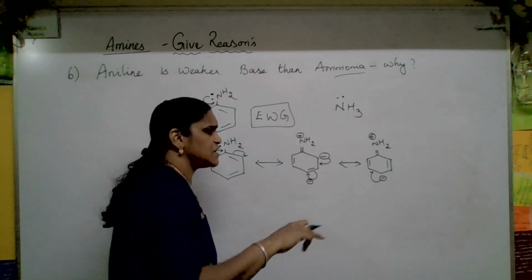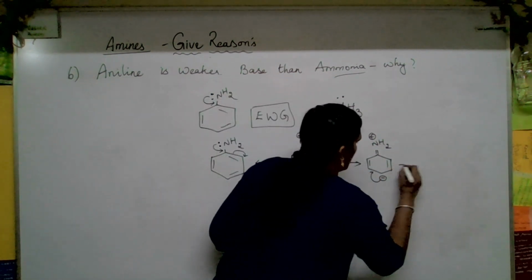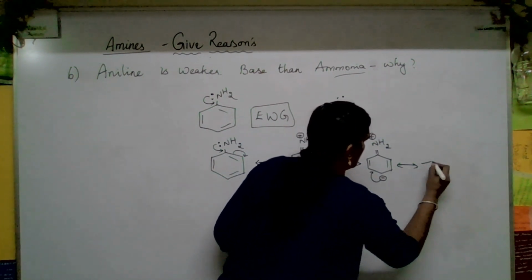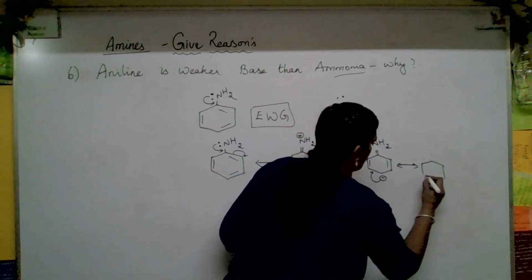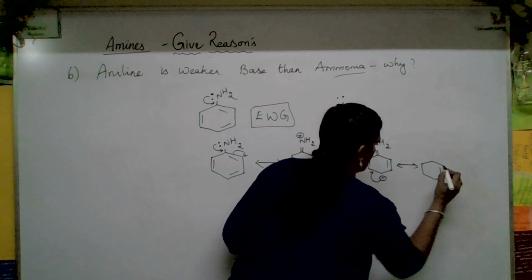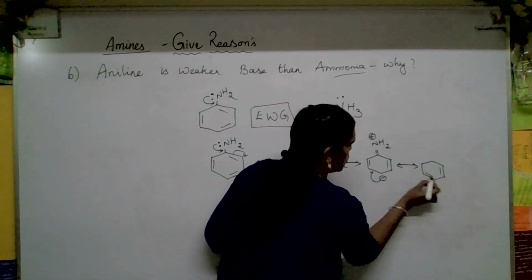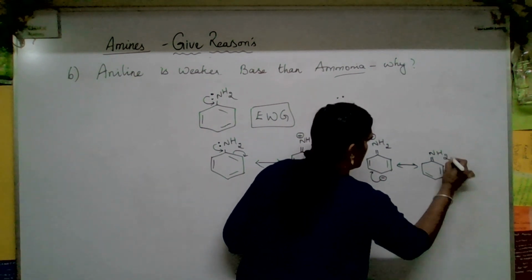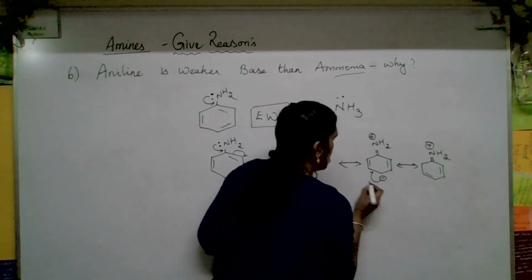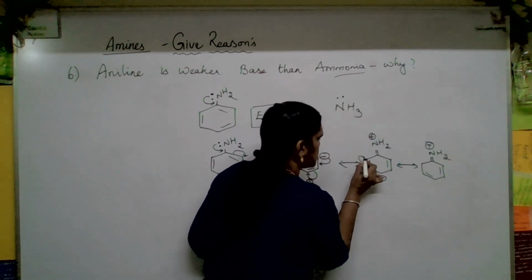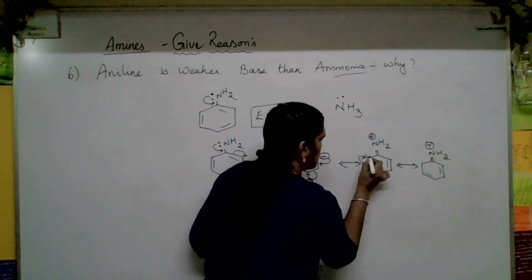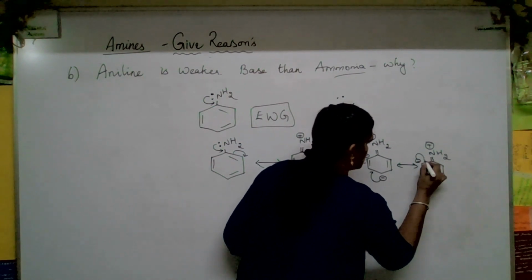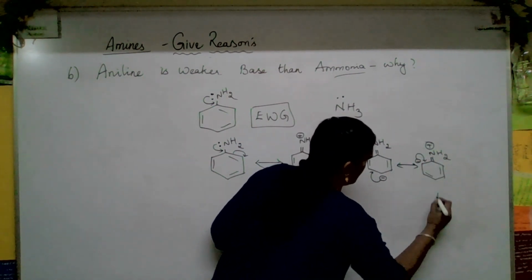It is like resonance going around the ring. Here you will get a double bond in this place, and here another double bond, with NH2 plus charge, and the negative charge turns over here. So what happened here?